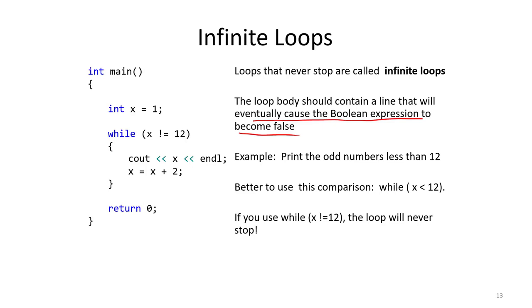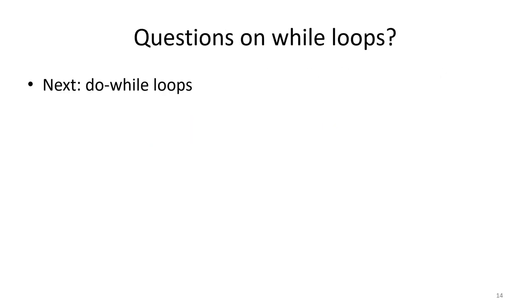And in our example, we saw that one way we could do this is change this while expression to while x is less than 12. Definitely take a moment to try practicing that sample code. Now we'll move on to do-while loops.